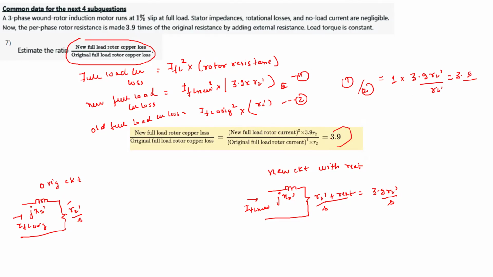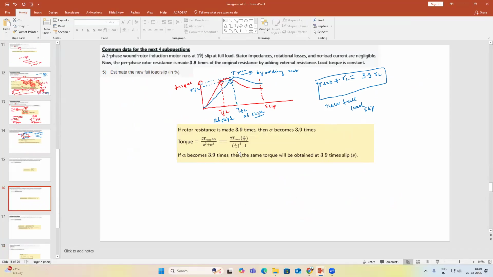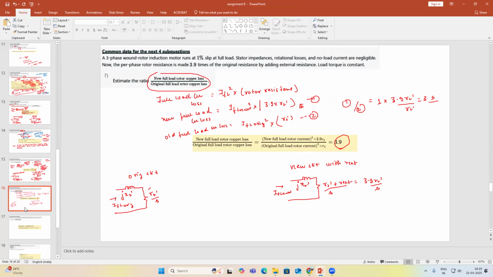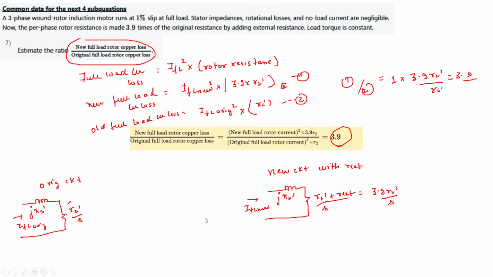So this becomes 3.9. This is the ratio. Is there any doubt till now? If there is any doubt, please ask. These questions are easy, you just have to know how to apply things and how to solve them.